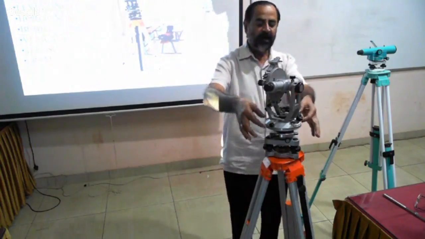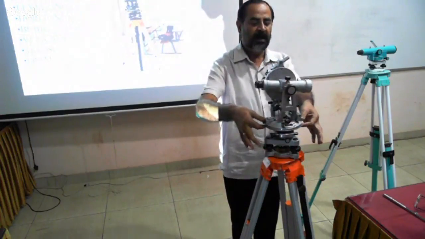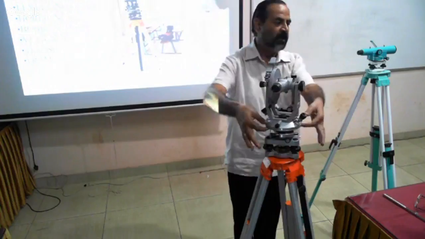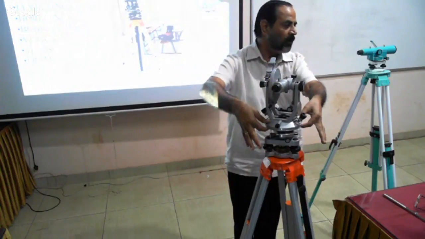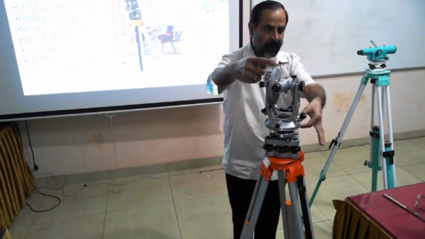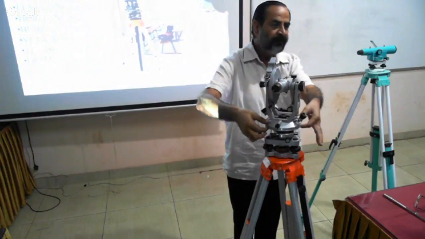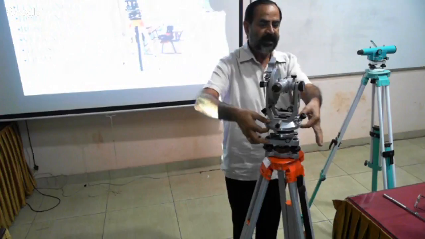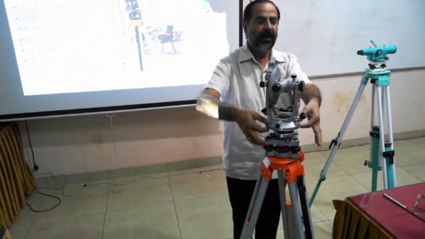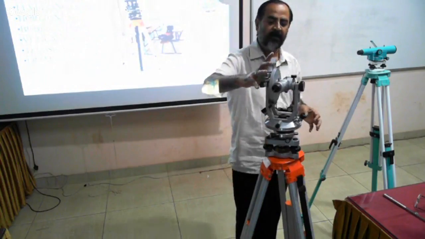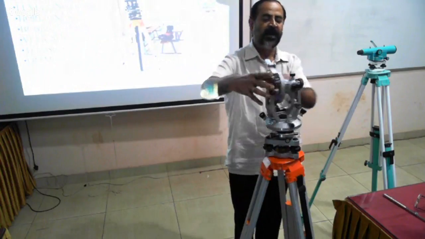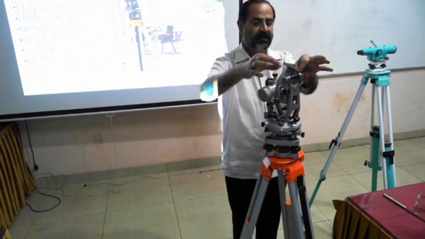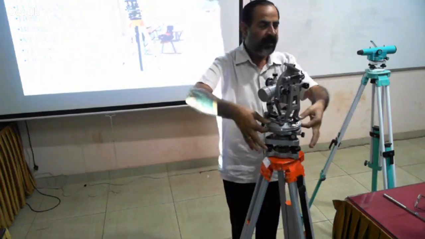And see, here this is the horizontal circle. This is where I am holding. Can you see this? Horizontal circle. And we have another one, the vertical circle. This is the vertical circle. This is the horizontal circle.